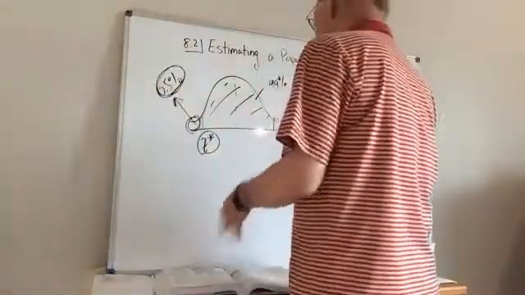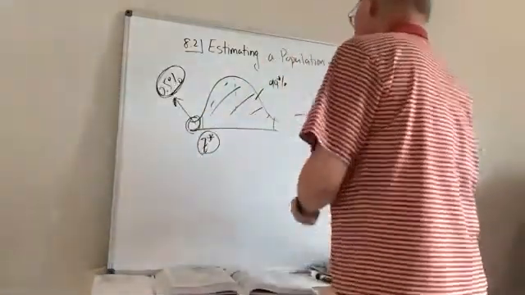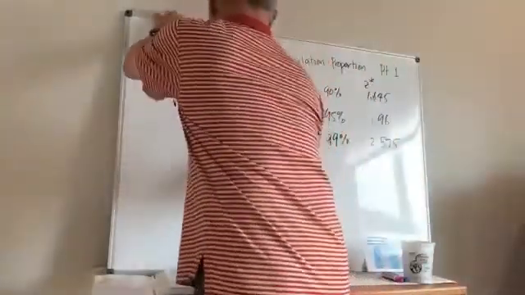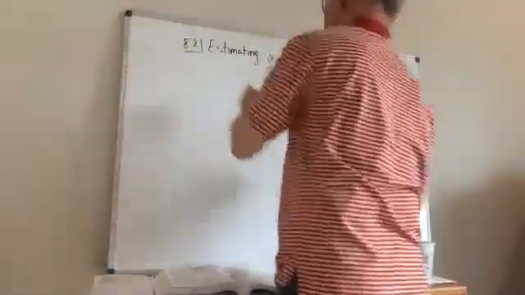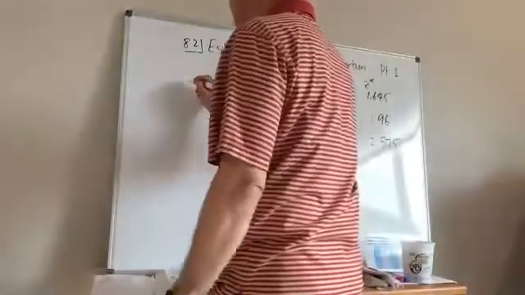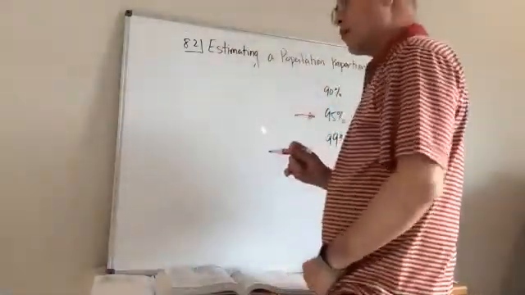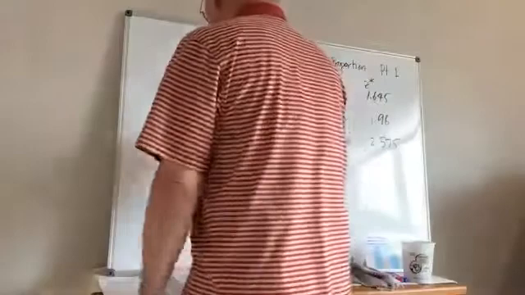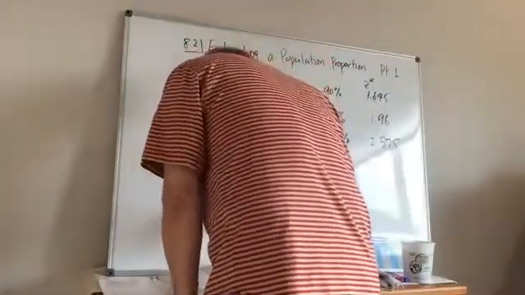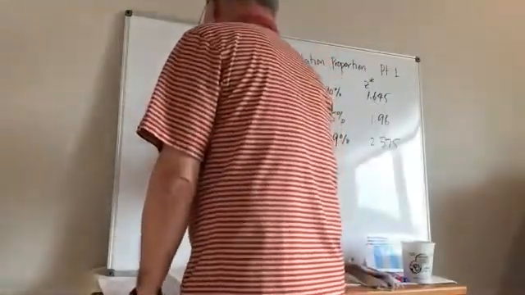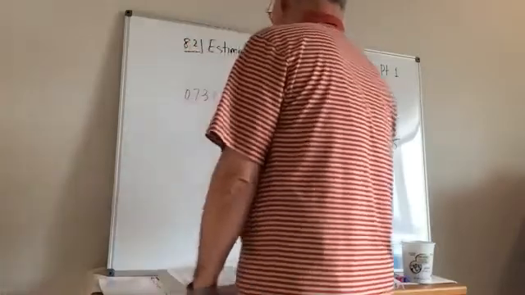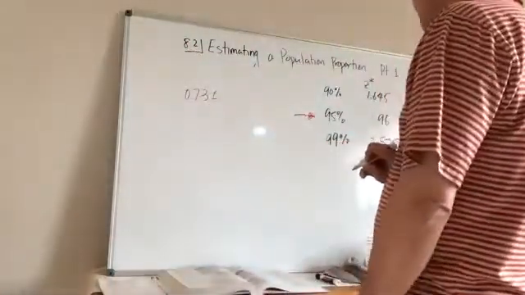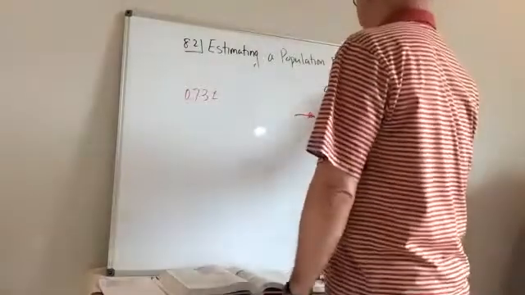So the actual confidence interval is going to look like what? The equation was p hat, our proportion, right? What was our proportion? 0.73, right? 0.73 plus or minus, okay, and then we're going to get what?